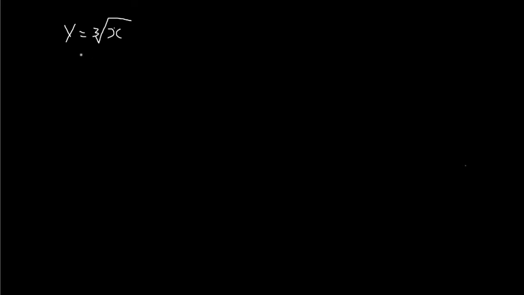Right, now the next example, y equals root 3x. So how do we find the x and y intercept? So this one is the same, you can write this as x to the power 1/3, the same meaning.